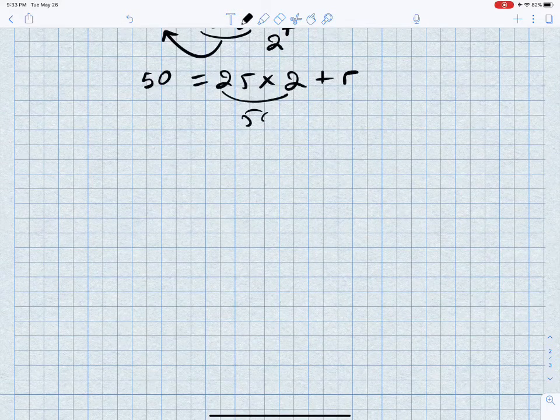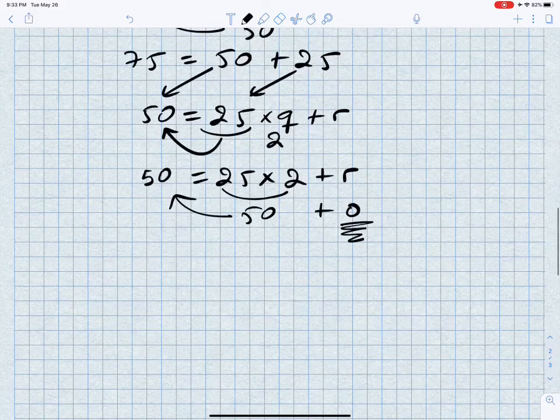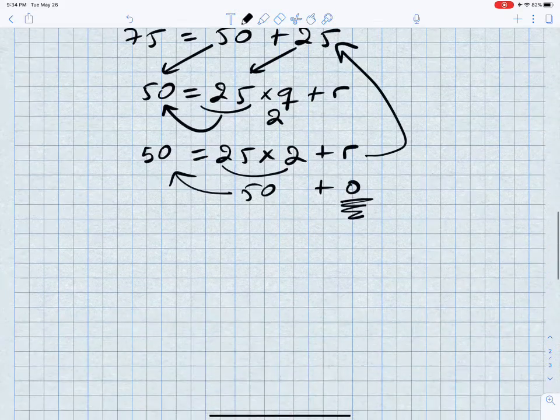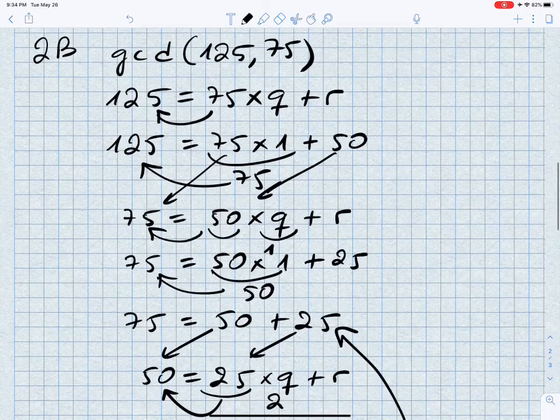So that's 50 already. How much further do we need to go from 50 to 50? Well, 0. So the remainder is 0. So once we reach 0, we look at the previous remainder, which is 25, which yields the answer that the GCD of 125 and 75 is equal to 25.